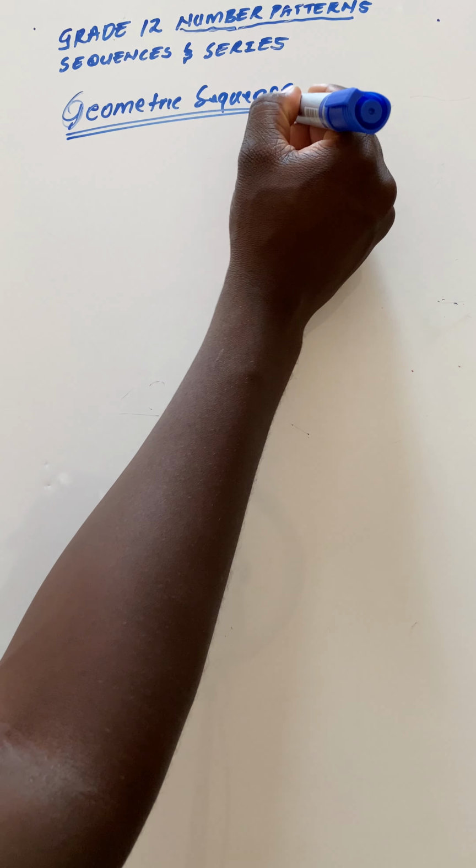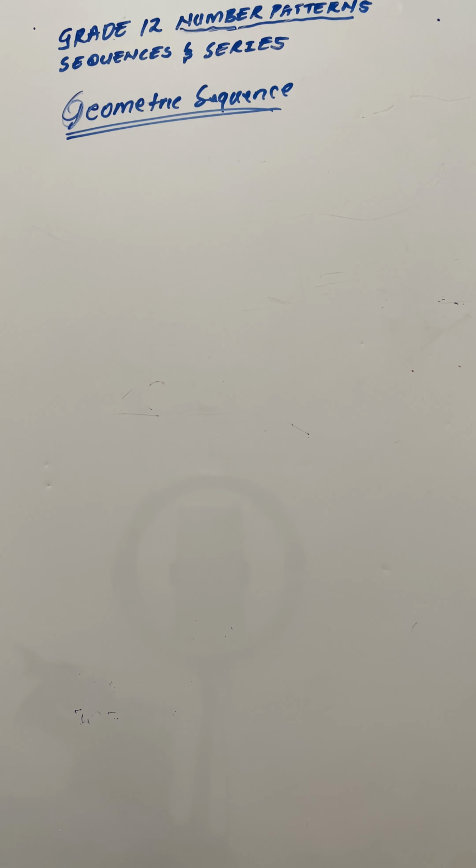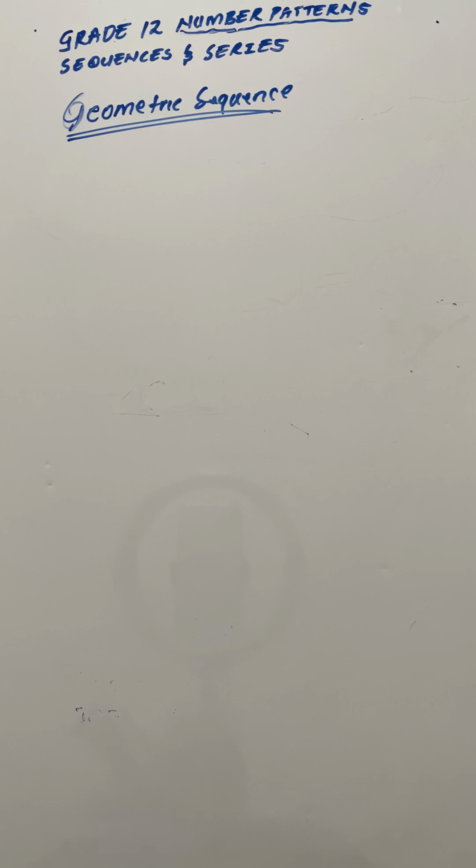Now, what is a geometric sequence? This is the first time you've ever heard of it. You've never dealt with a geometric sequence. So let us take, for example, that you've been given a sequence of numbers here.